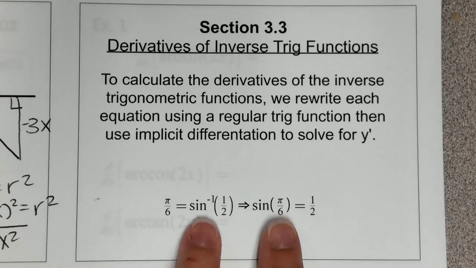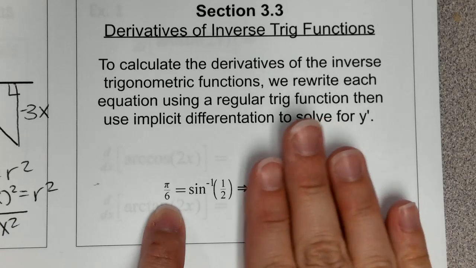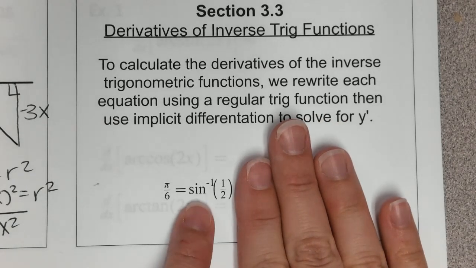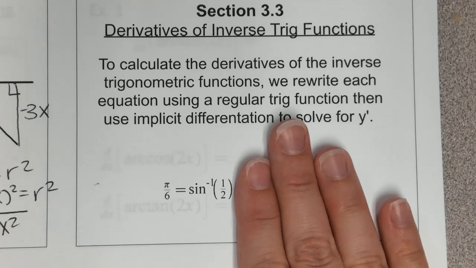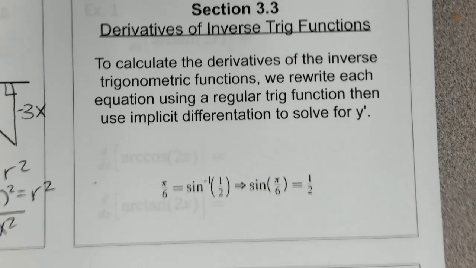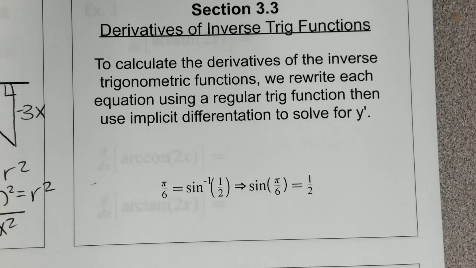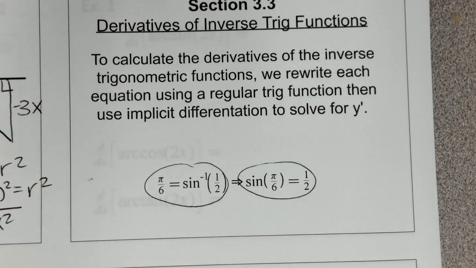So down here at the bottom, I want you to look at these two equations. It says pi over 6 equals the inverse sine of 1/2. So can anyone explain to me why the inverse sine of 1/2 is pi over 6? Because the sine of pi over 6 is 1/2. Thank you. So these two equations are expressing the exact same relationship.